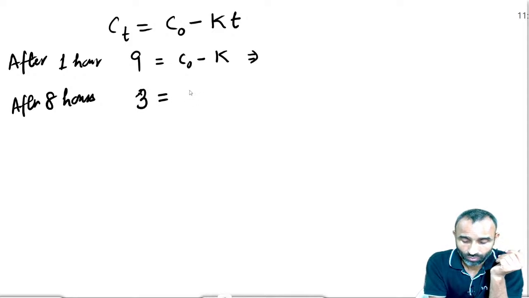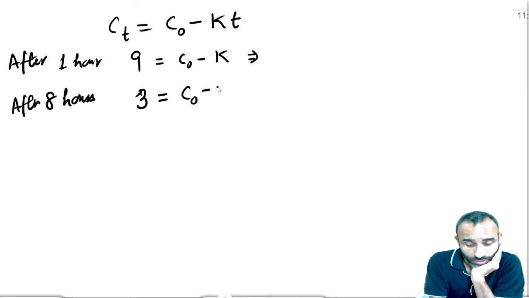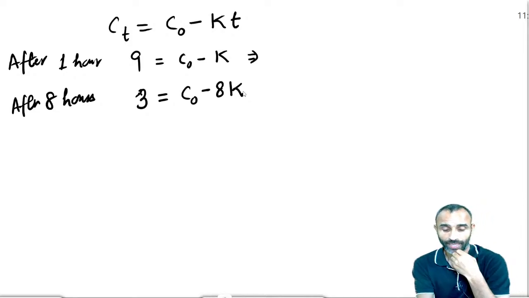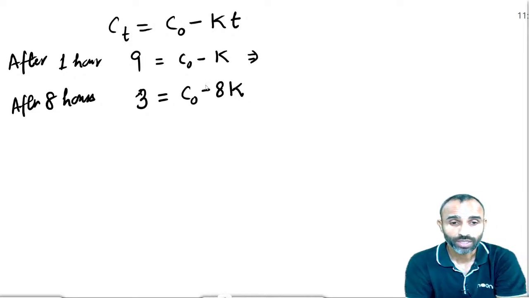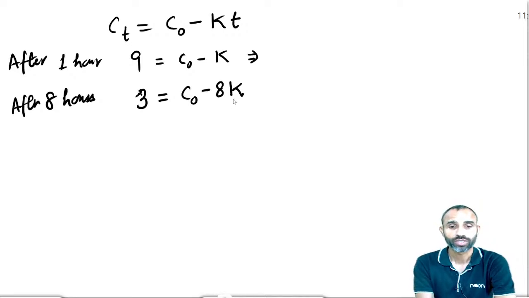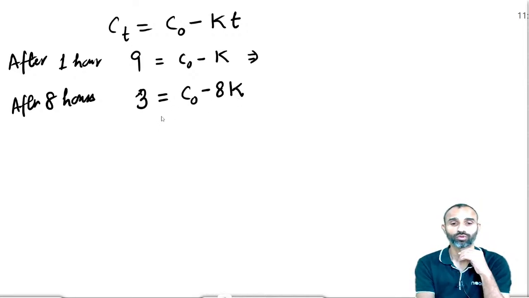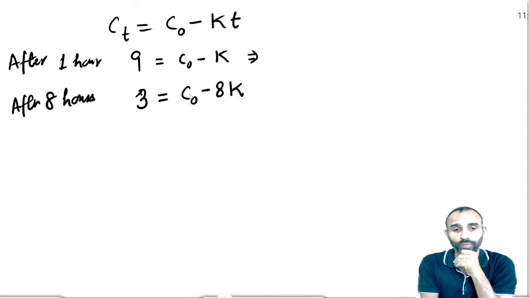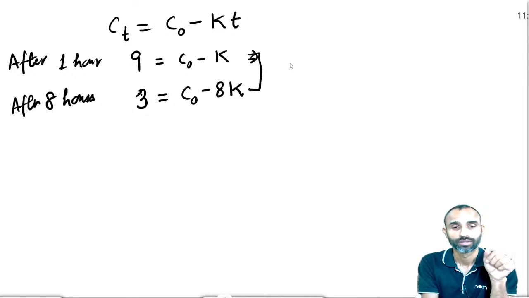So C naught minus k equals 9, and C naught minus 8k equals 3. Here you can calculate k: 9 minus 3, 6, equals 7k.